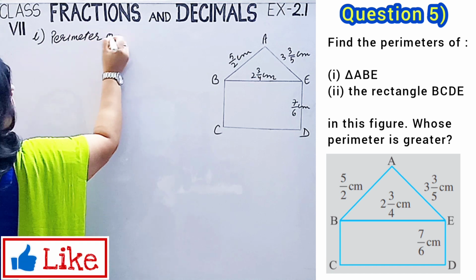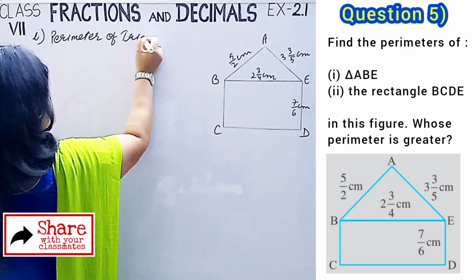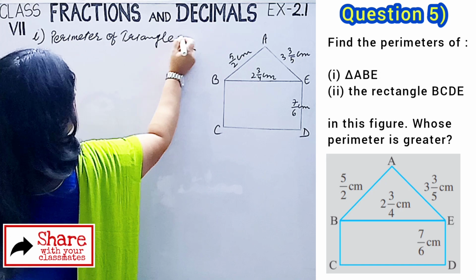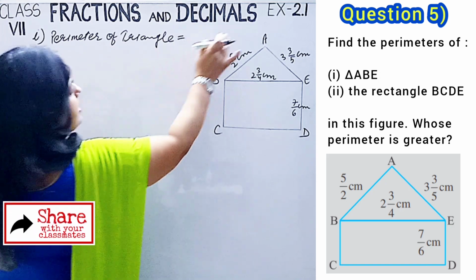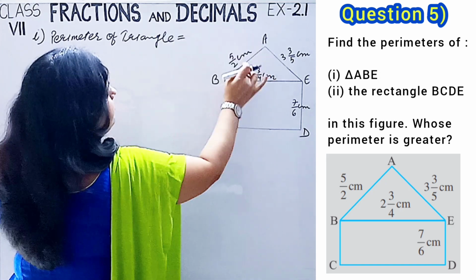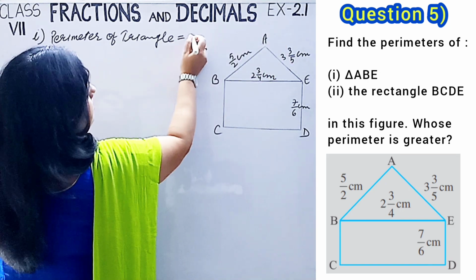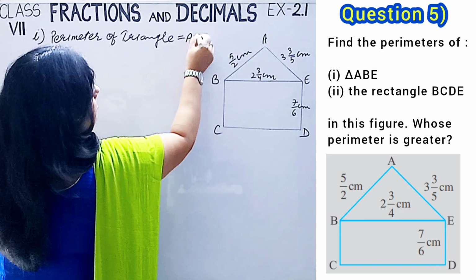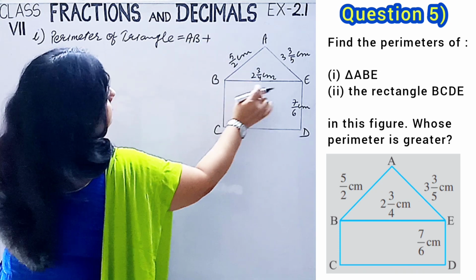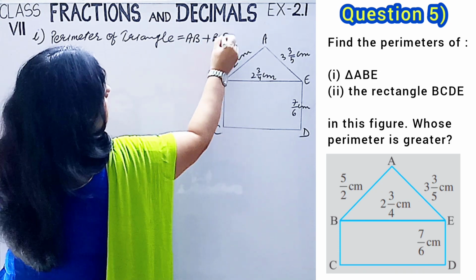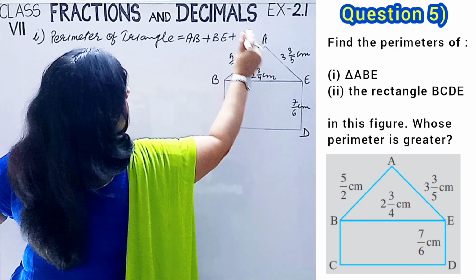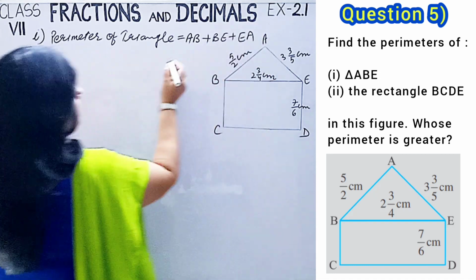We know the perimeter of the triangle is the sum of all the sides. So here, AB plus BE plus EA.